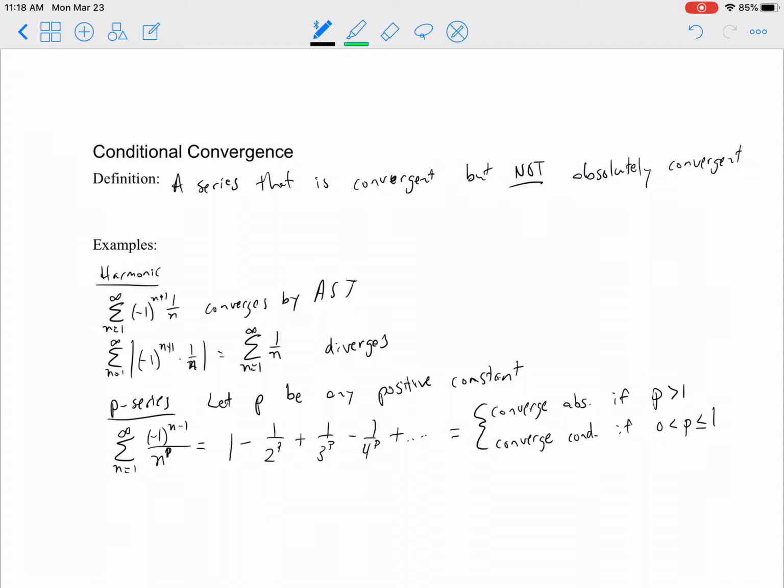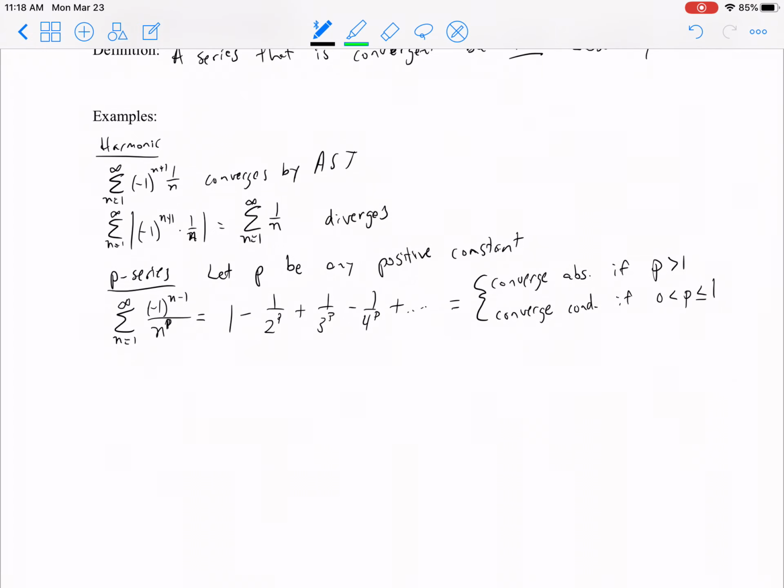Okay? And taking a look at this, we can do u1, 1 over 1 to the p, u2, 1 over 2 to the p, so on and so forth. un is equal to 1 over n to the p.